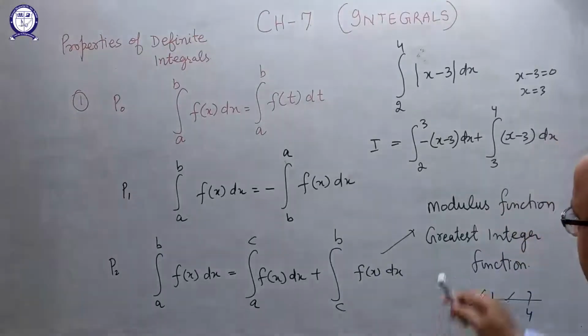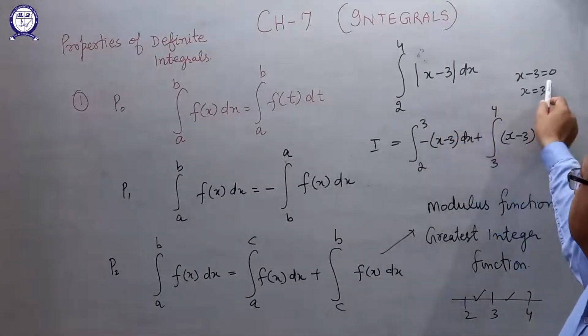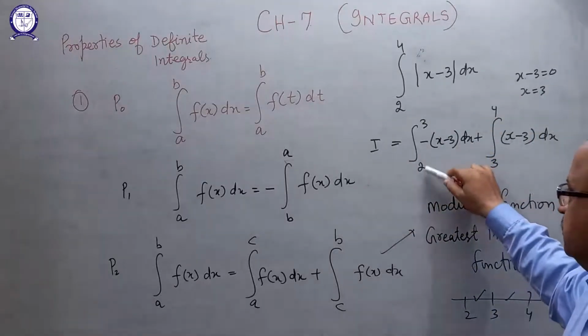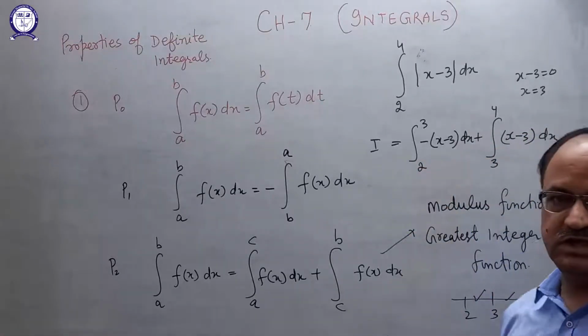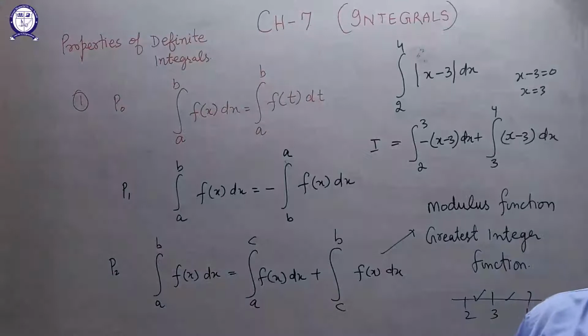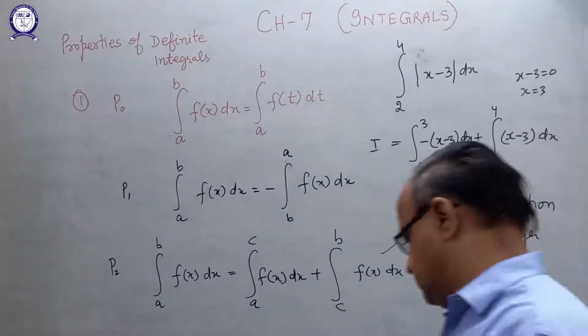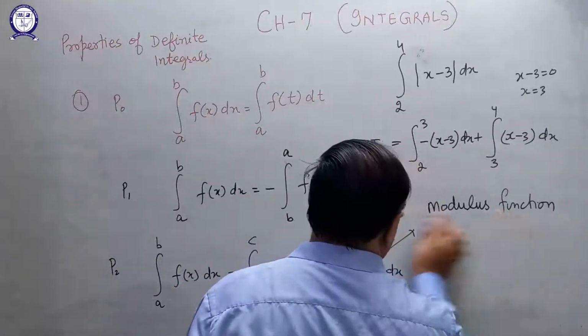Again put x minus 3 equal to 0, then x is equal to 3. It means 3 is the breaking point. In the left side of this portion, write the negative function of the modulus, and on the right hand side, write the positive function.